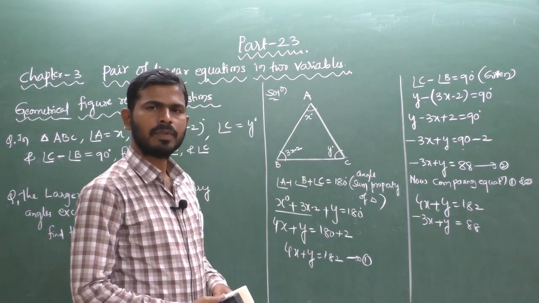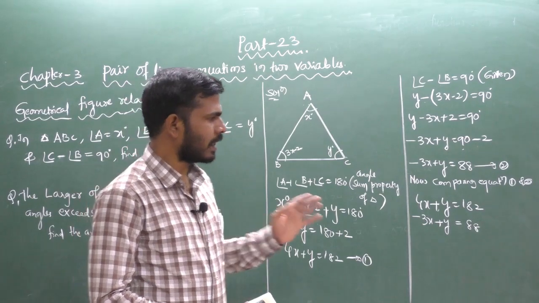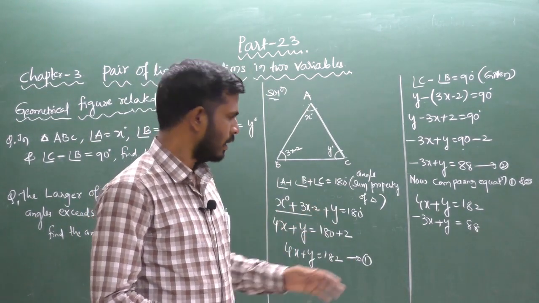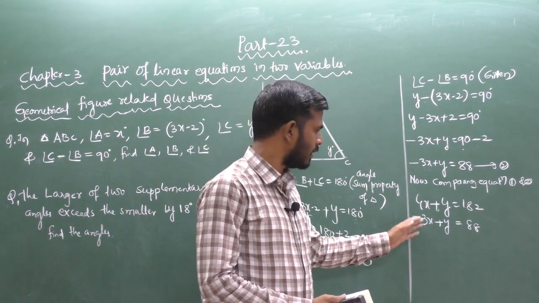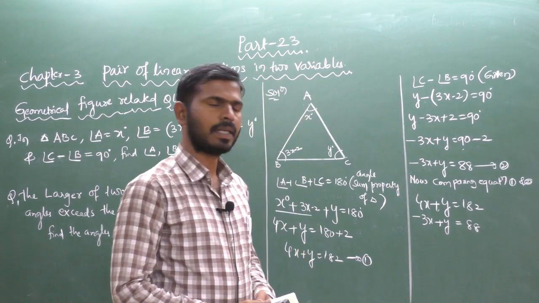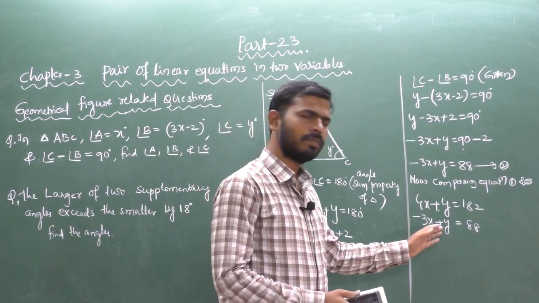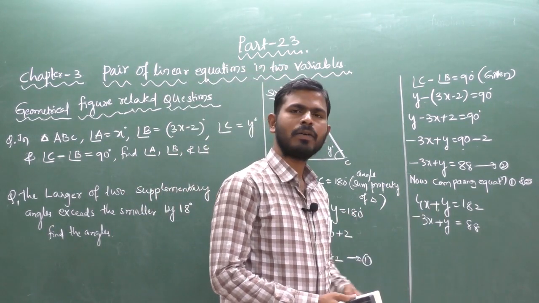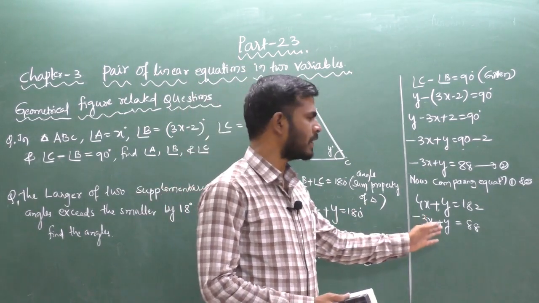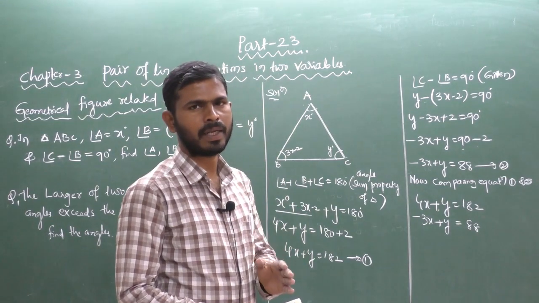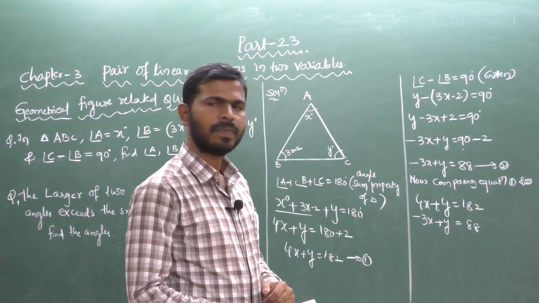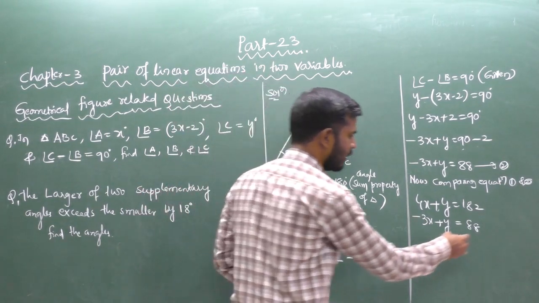Next, to eliminate, first you check whether the coefficient of x is the same or not. Here the coefficient of x is minus 3, here the coefficient of x is 4. So you can't eliminate x. Next is the y term. The y coefficient is 1, and this is also 1. So you can eliminate the y term because the coefficients of y in equation 1 and 2 are the same. So I just change the sign and eliminate the y term.